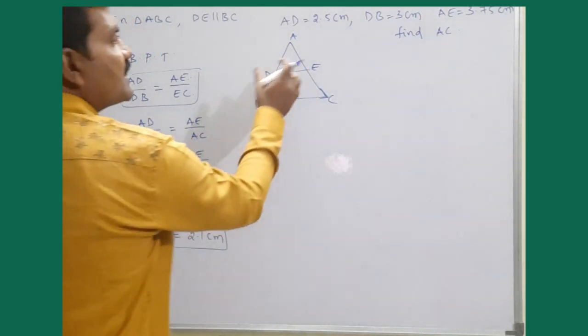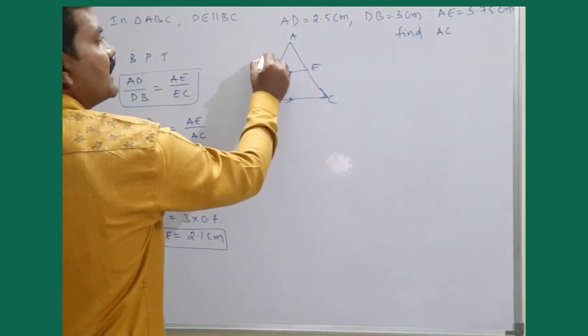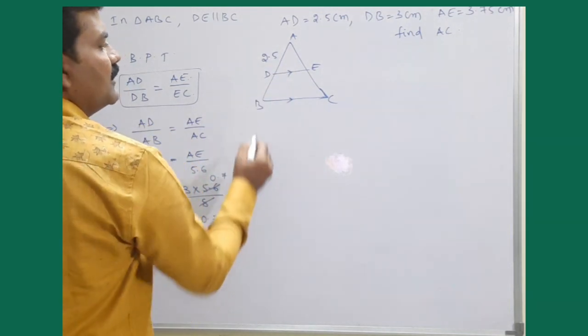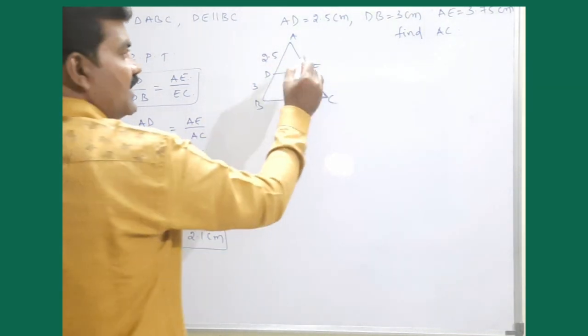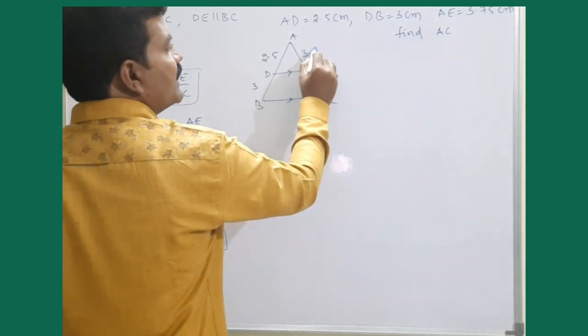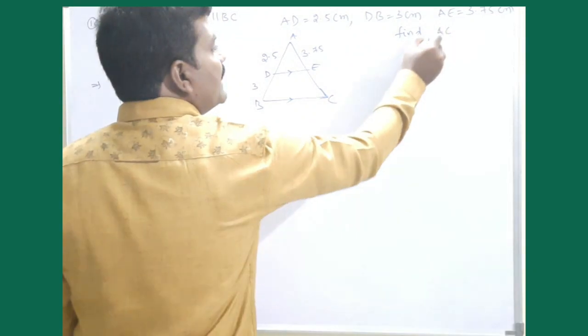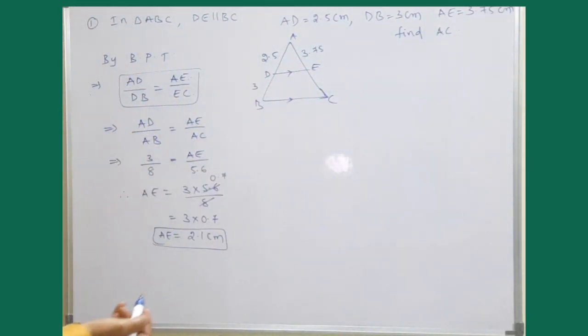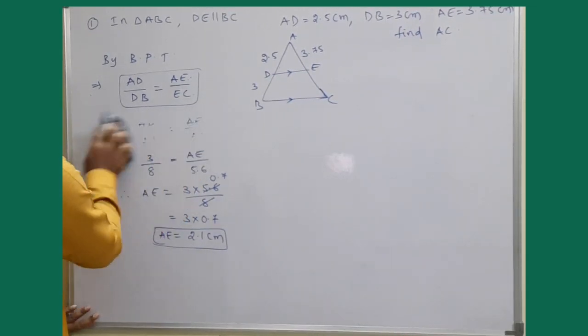Now, this time instead of a ratio, the lengths themselves are given. AD length 2.5, BD length 3 centimeters, AE length 3.75, and we need to find the entire AC length. So I think this is very simple compared to the previous problem.